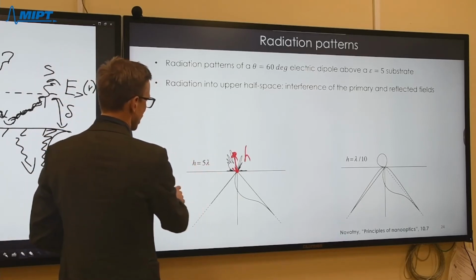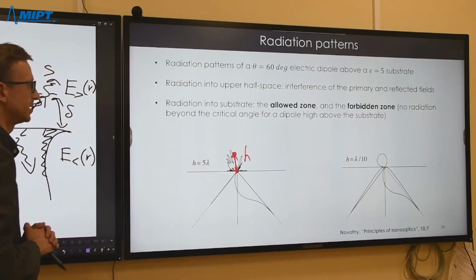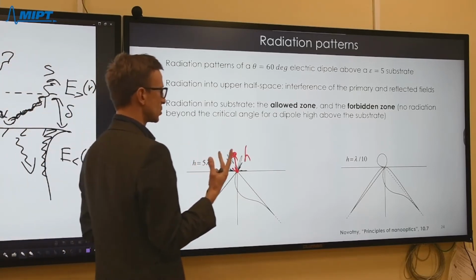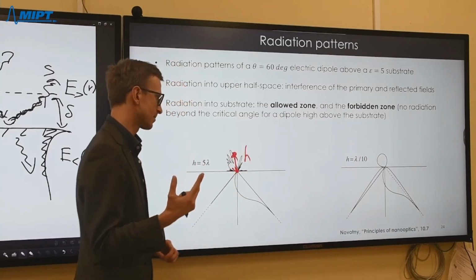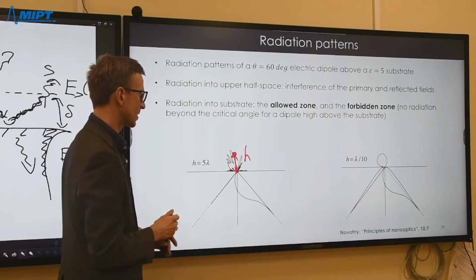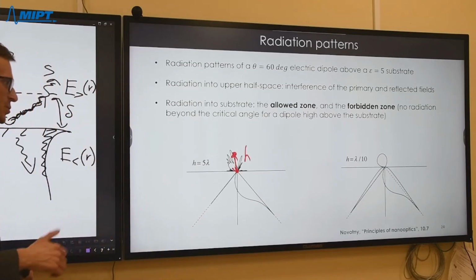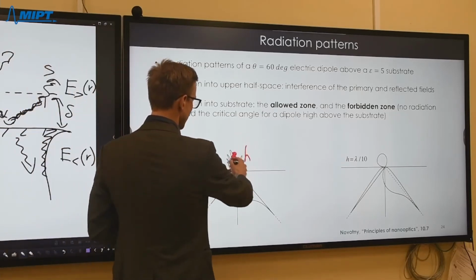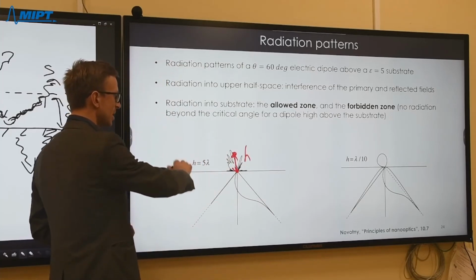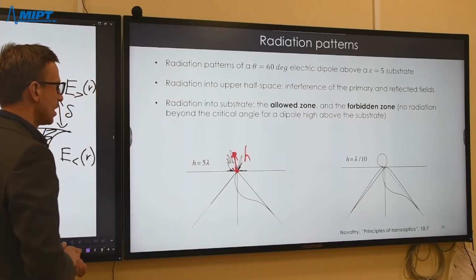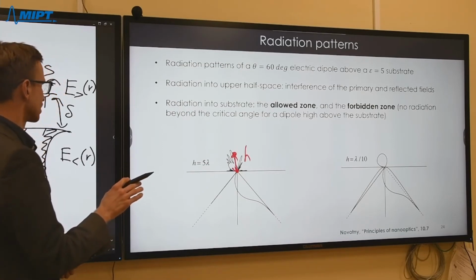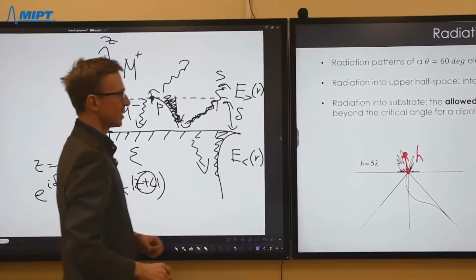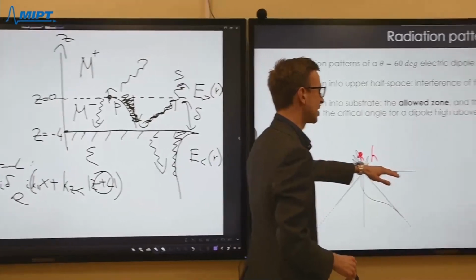In the substrate, however, radiation takes a slightly different form. Generally, it can be divided into two contributions, so-called allowed light and forbidden light. Because the substrate is dielectric, there is the critical angle, the angle of total internal reflection. If the dipole is located sufficiently far away from the substrate, at a distance of a few wavelengths, then the evanescent contributions of the primary fields decay sufficiently fast, and everything that reaches the interface is just propagating waves.